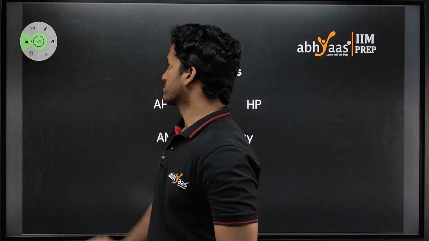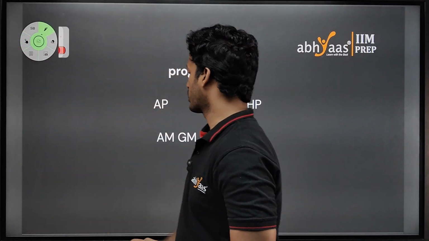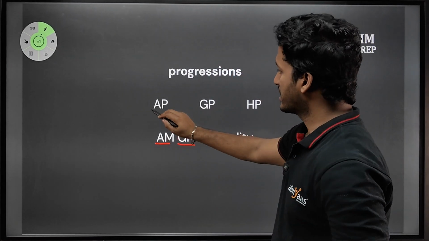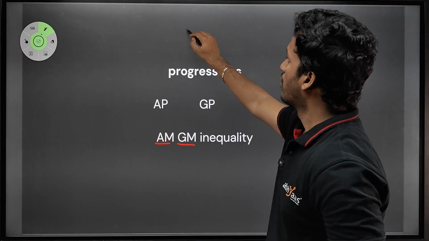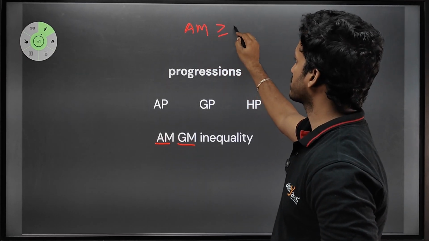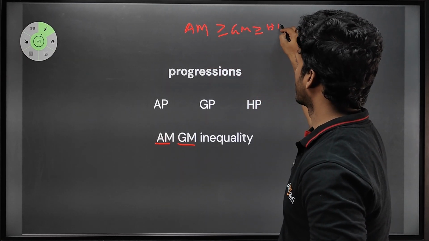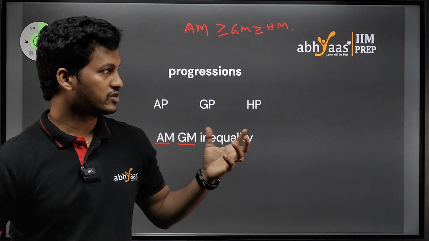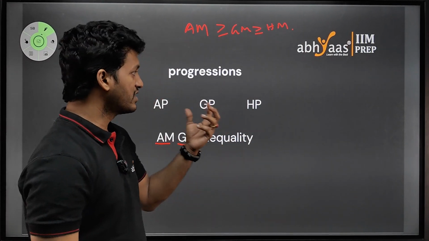And another thing which we have to focus on is the arithmetic mean and geometric mean inequality. So whenever you take this AM, GM and HM, all will be in this relation. AM is greater than or equal to GM, which is greater than or equal to HM. AM into HM is equal to GM square, like that. They will differ in that way.